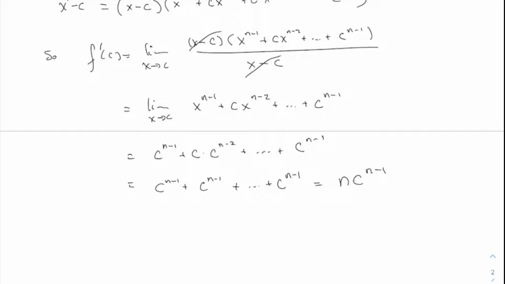And so in particular, the limit exists. So f prime of c equals n times c to the n minus 1. So the limit exists because that's what it is. It equals n times c to the n minus 1. So f is differentiable.